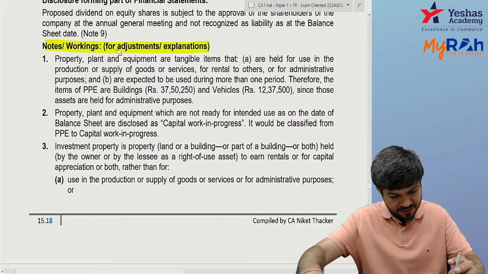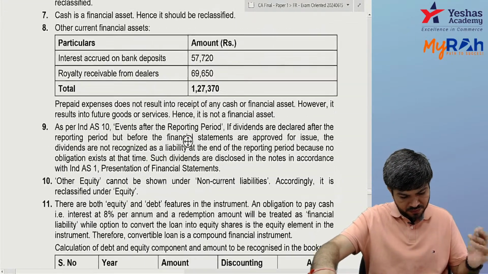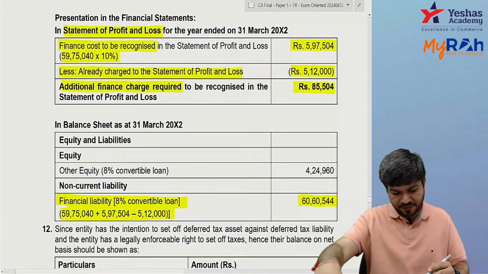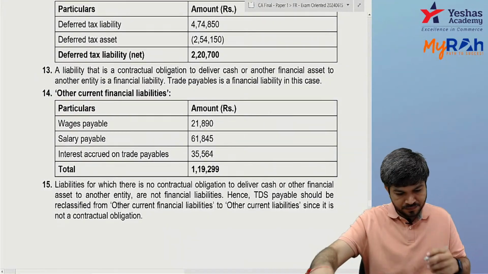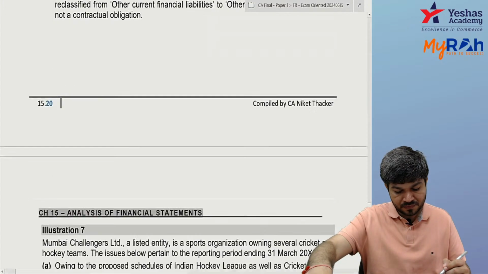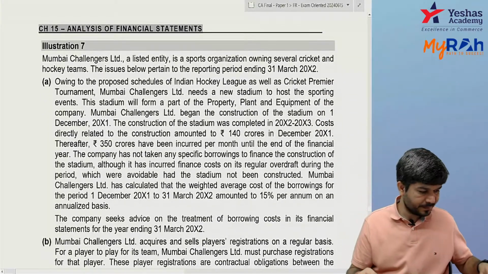These are just definitions. Other current asset is not relevant. Your DTA DTL net is to be shown. You have already done it. Okay, coming to question number 7.